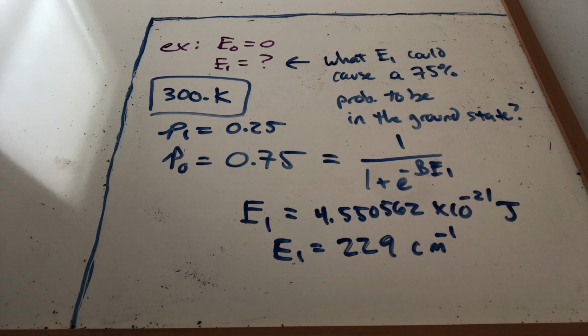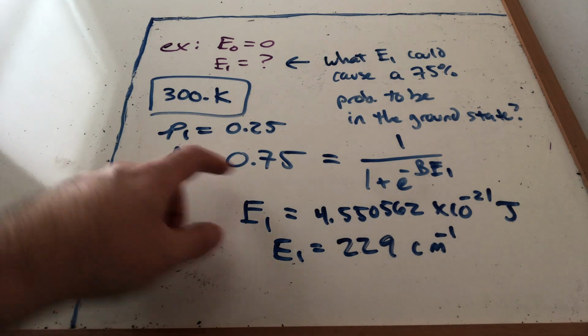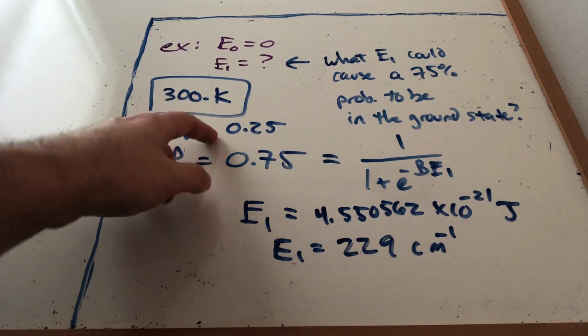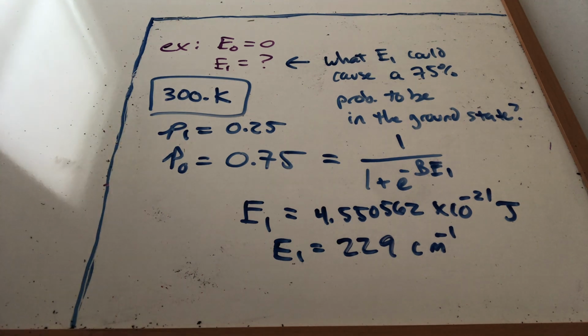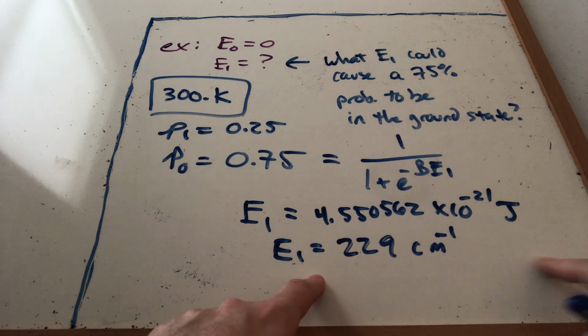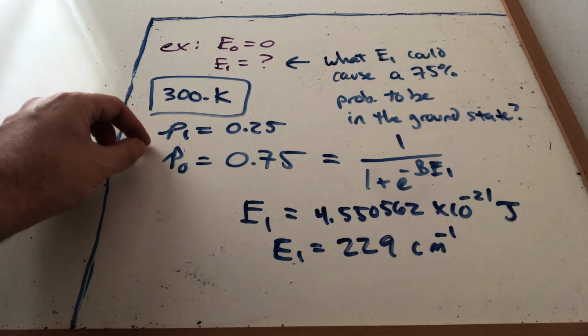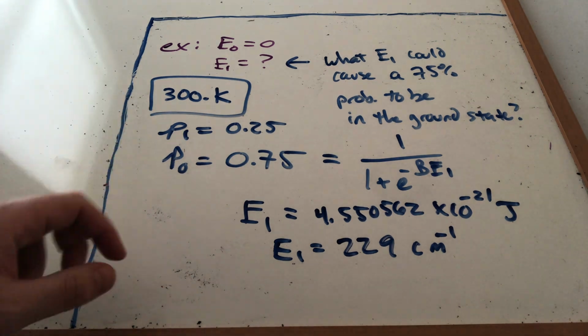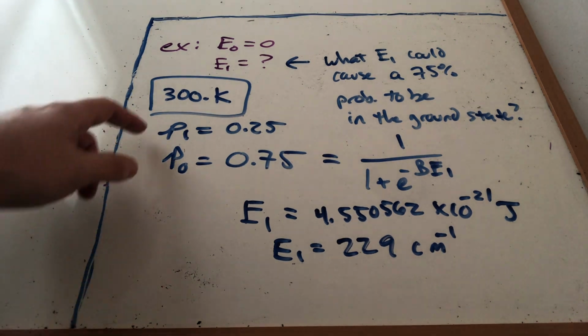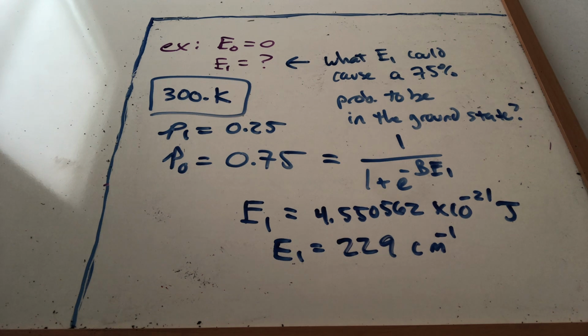So it lends credence to what we said before. This small energy gap gives you 25% probability to be in the excited state. Vibrational energy gaps are even bigger than this. So what you get is a more unequal distribution. You get more of a P0 and less of a P1, all right?